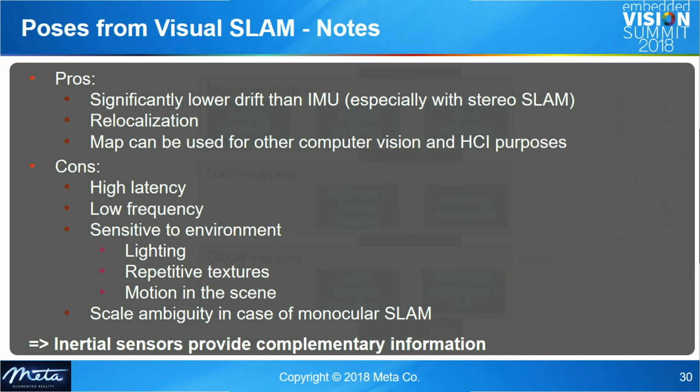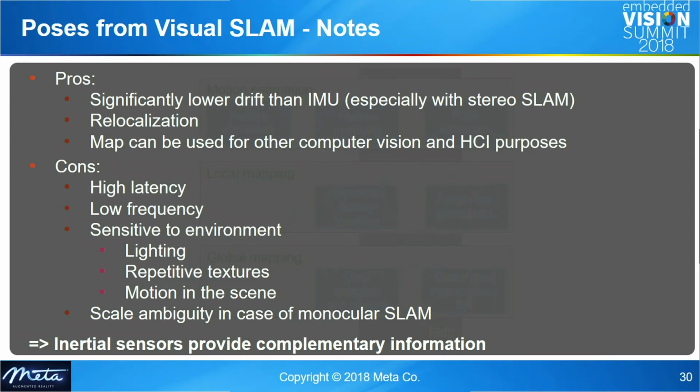Visual-SLAM can offer relocalization, meaning that when you make a full circle and come back to a point where you started, we can recognize that place and we can close that loop, whereas IMU-based tracking obviously won't be able to do that. And lastly, we are building a map of the real world, and we can use that for other computer vision or human-computer interaction purposes.